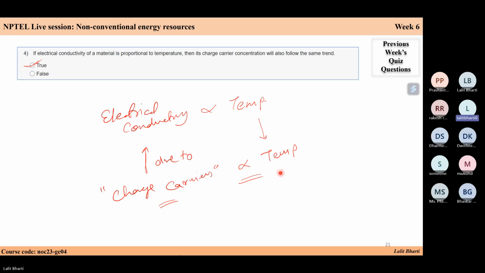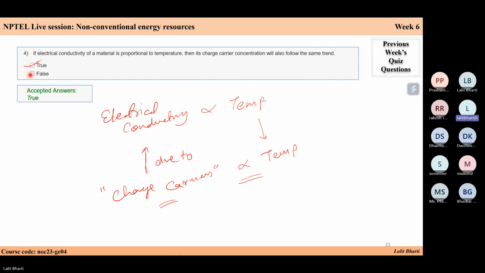That is also from any semiconductor or current equation or the charge carrier equation: for a higher temperature, the number of charge carriers will increase. So if your charge carriers increase, your electrical conductivity increases. So your temperature is also related to your electrical conductivity. They both follow the same trend. So this statement is true.